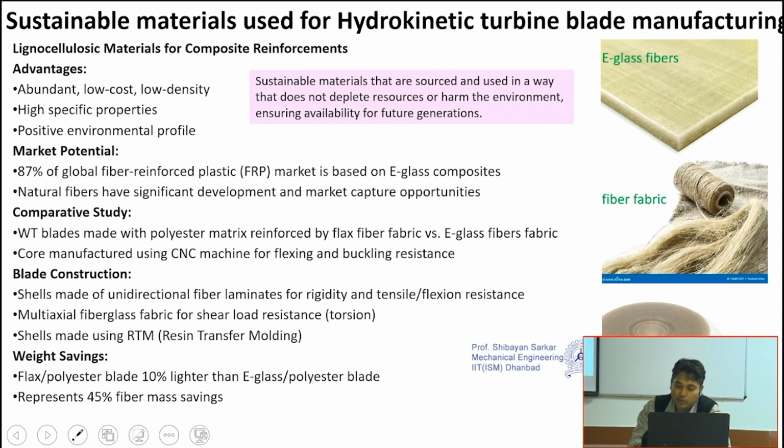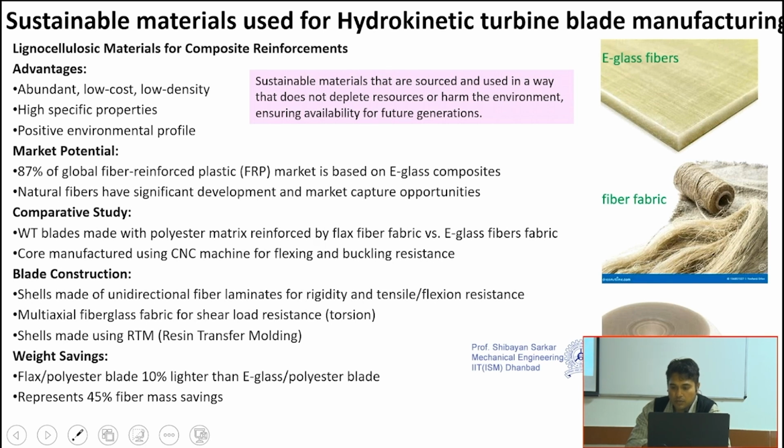So again, you have to select such a material which will be easily available, and its availability should not be hampered, as well as it can be easily used to give a particular shape, and its performance will be better.